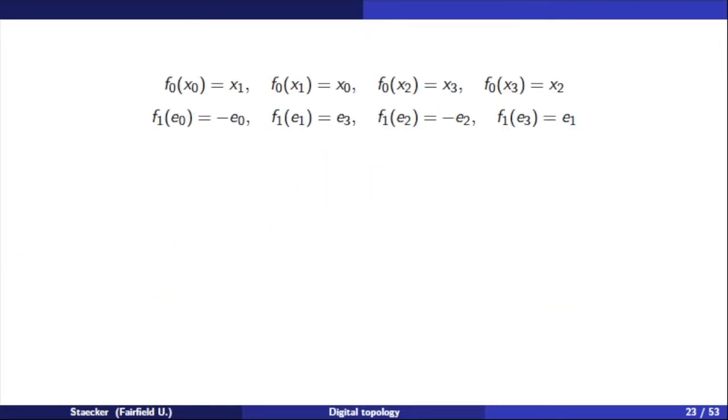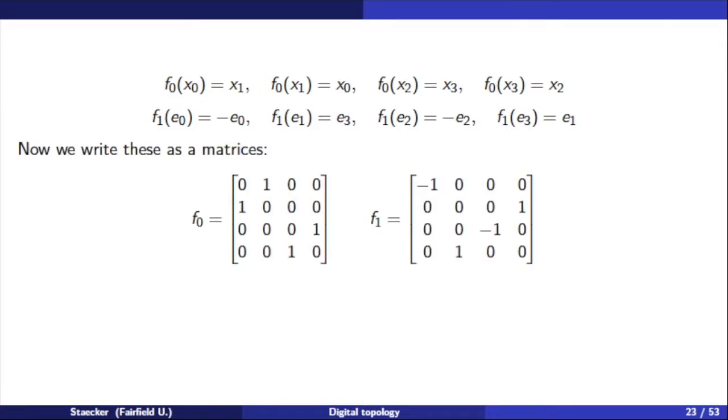All right. And these, I said before, you can make a matrix out of these. So the first ones, this is what happens to the points, dimension 0. And then dimension 1, this is what happens to the edges. And we make matrices out of those. All right. So f of x0 equals x1. The first column is x0. The second column is x1. And you just put these into a matrix. You see some of them had minuses, so they have minuses over here.